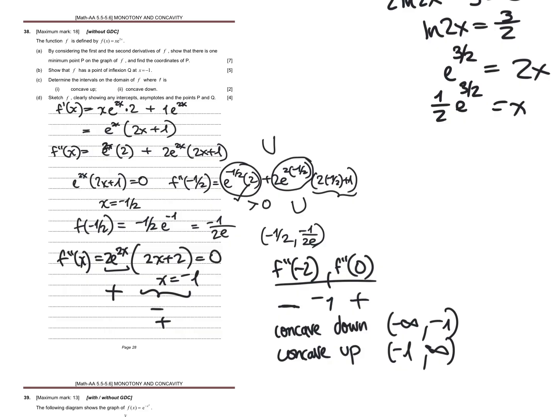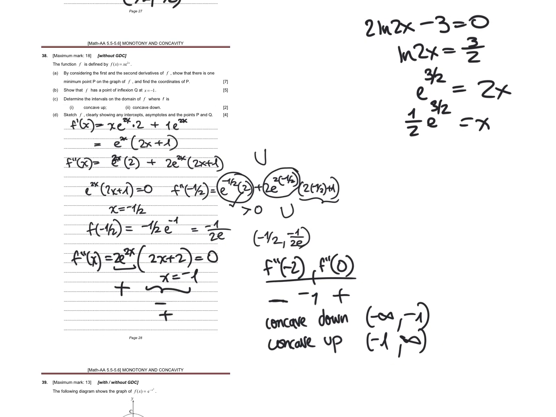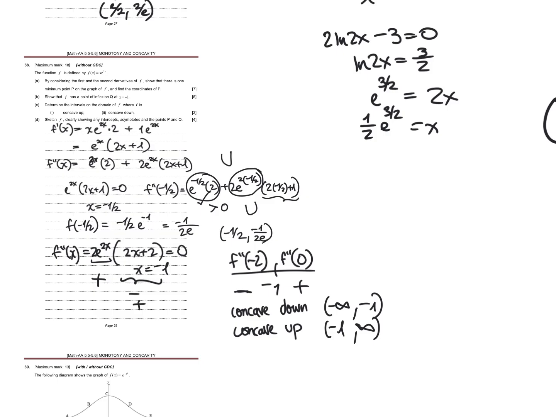So now, sketch f, clearly showing any intercepts, asymptotes, and the points P and Q. Okay, so the x-intercept and y-intercept is 0, because if x is 0, then the whole thing's 0, and that's the only 0 we're going to have.